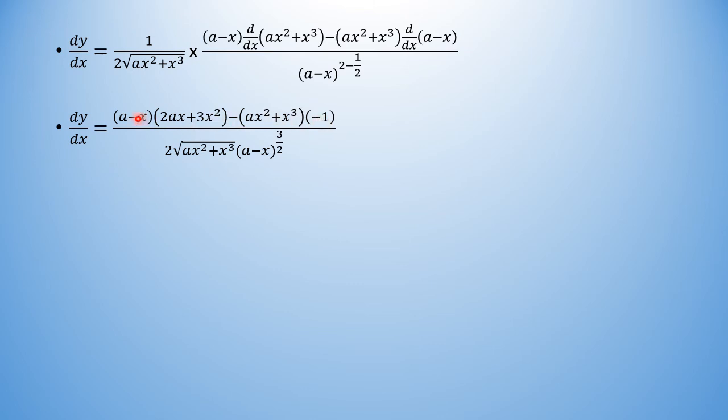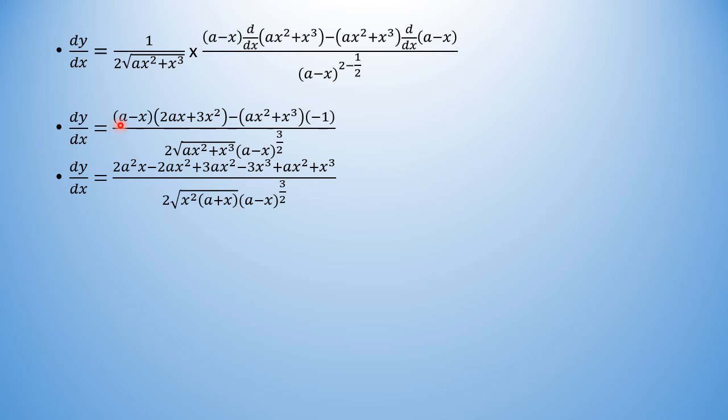Now we open up all the brackets, and what happens to this? This is just written here with this one. Now open up all the brackets, it becomes 2a square x minus 2ax square plus 3ax square and minus 3x cube, then plus ax square plus x cube.